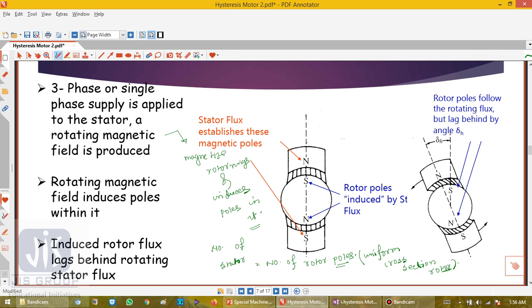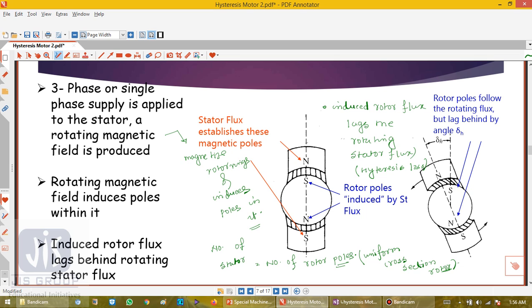So we also have to keep in mind that the induced rotor flux lags the rotating stator flux because of hysteresis loss in the rotor.